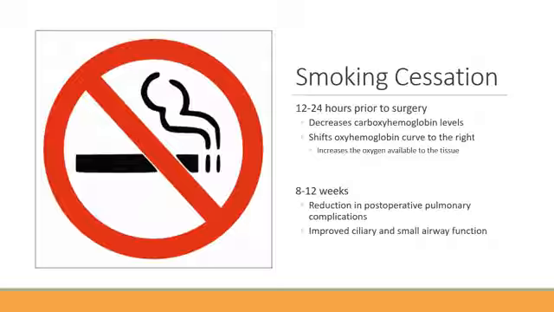In terms of other benefits, we see a big benefit if the patient can quit at least 2 to 3 months before surgery. It takes about that length of time to see the ciliary and small airway function improve, and that can lead to certainly a reduction in the risk of potential pulmonary complications from occurring.